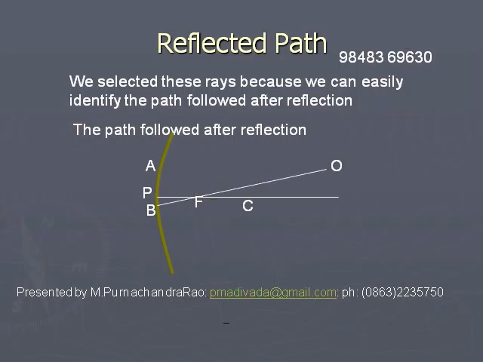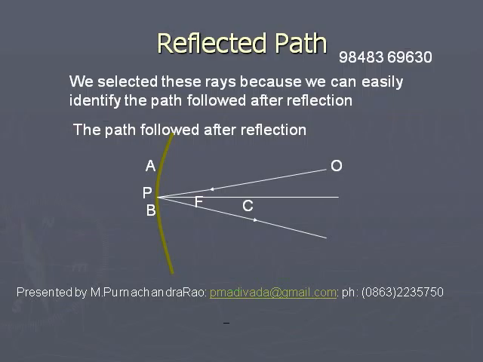The ray incident through the focus travels parallel to the principal axis after reflection. The ray incident passing through the center of curvature retraces its path. It will be reflected along the same line.